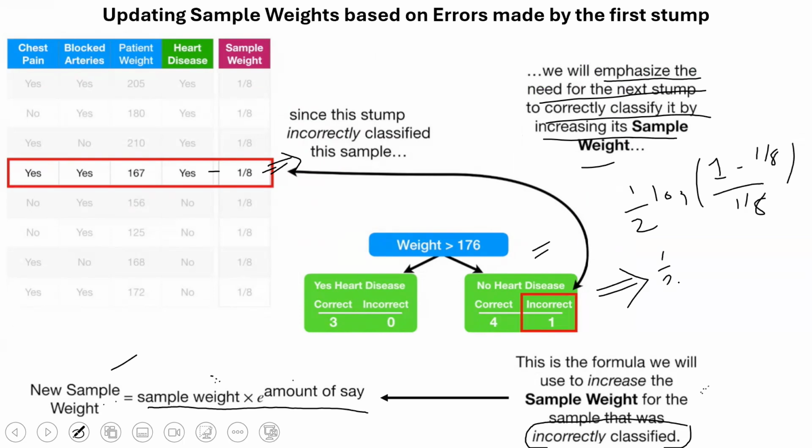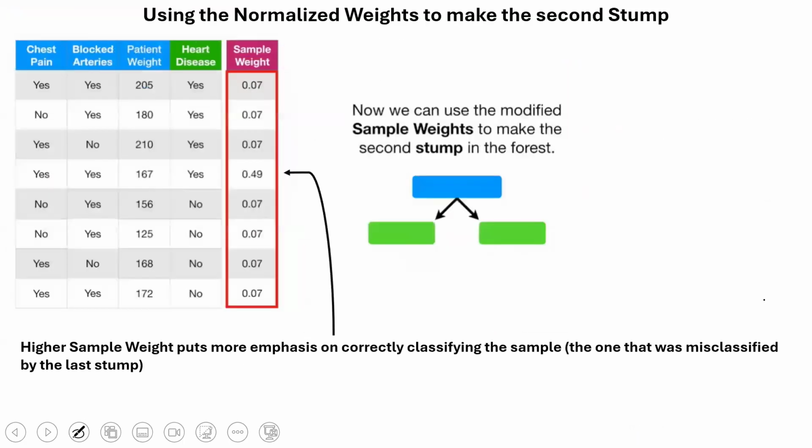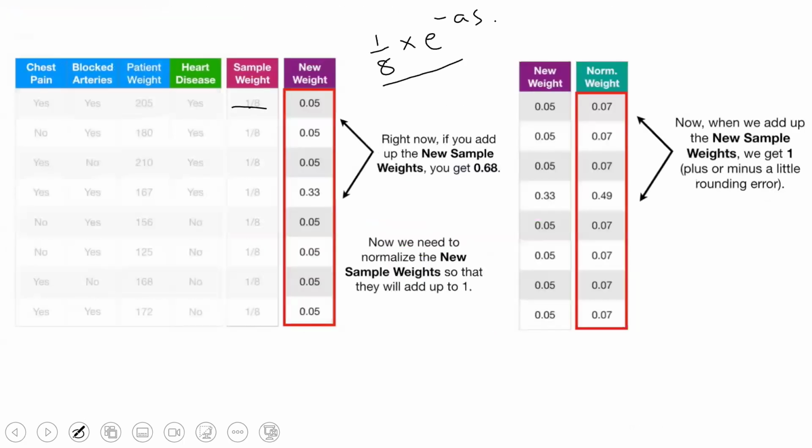So 1 by 2 log of (1 minus 1 by 8), which is 7 by 8, divided by 1 by 8. So this becomes 1 by 2 log 7. It comes down to some value, and if you calculate that value, you get this new weight.